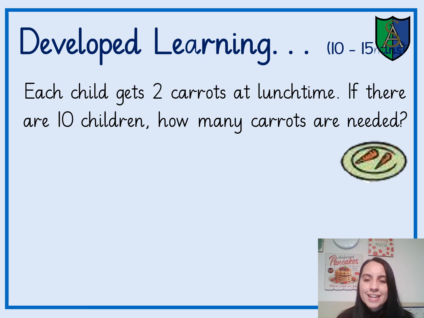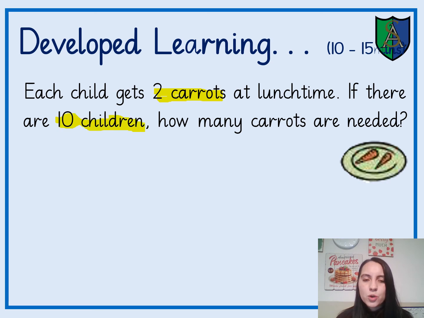Each child gets 2 carrots at lunchtime. Can anybody tell me the key piece of information in that sentence that I am looking to highlight? Excellent, 2 carrots. If there are 10 children, how many carrots are needed? Another piece of information, 10 children. Well done.